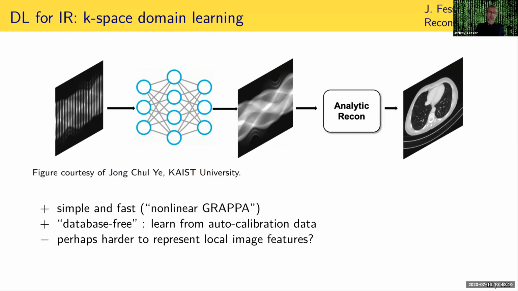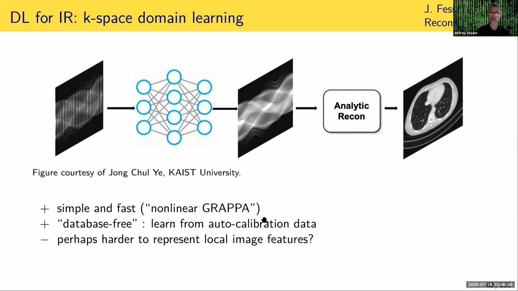There are also deep learning approaches that work in k-space or the measurement domain. So you take your corrupted, undersampled, noisy, whatever it is, raw data, you put it through a network that tries to complete the data or denoise the data, and then put it through a maybe non-iterative simple reconstruction method. There are a variety of methods of that kind. They have some advantages. There are at least some that are database free.